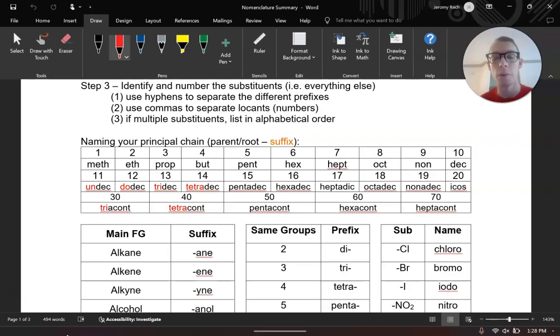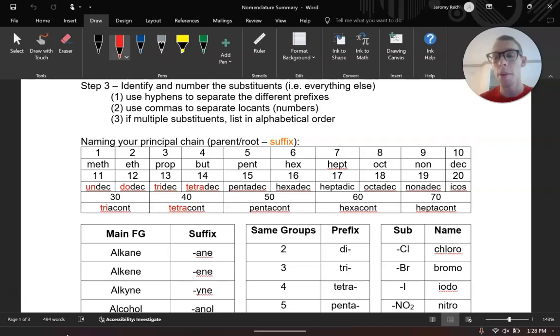Then you go back to your normal ones. You go pentadec, hexadec, heptadec. And here you'll notice you use the exact same root from above. So pent is 5, all you do is add an a. So it's pentadec, which is 5 and 10, which combine to 15. Nonadec is going to be 19, for example.